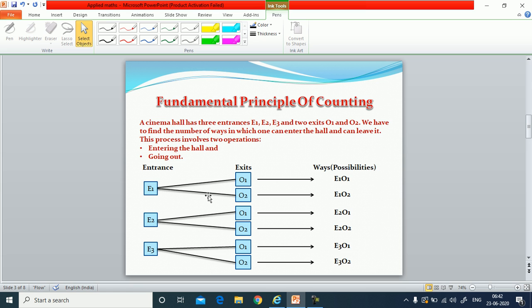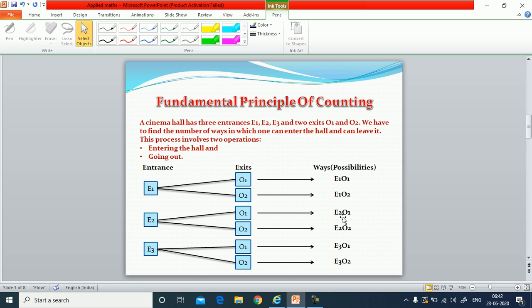One can enter through E1 but can exit through O2. So the route will be E1 O2. Now the same follows for the remaining 2 entrances. One can enter through E2 and exit from O1, or enter through E2 but exit from O2. And in the same way through E3, entry can be from E3 and exit can be through O1, or one can enter through E3 and exit through O2.